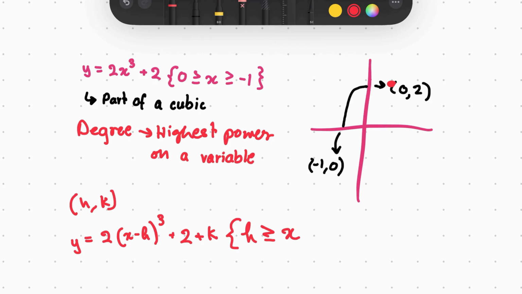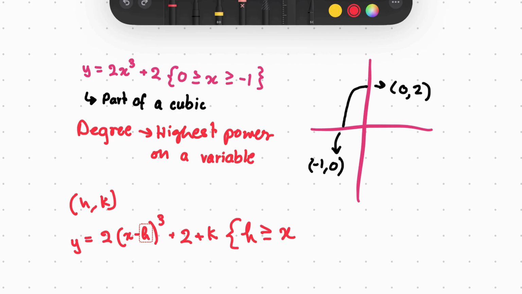Okay, and now we're going to figure out the second bit of our domain. This bit is going to stay -1, which is why we need to write h minus 1.